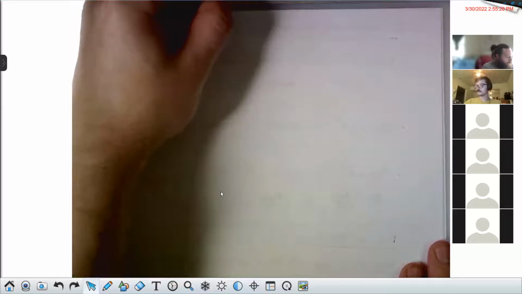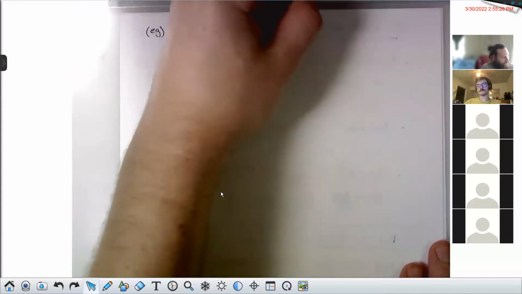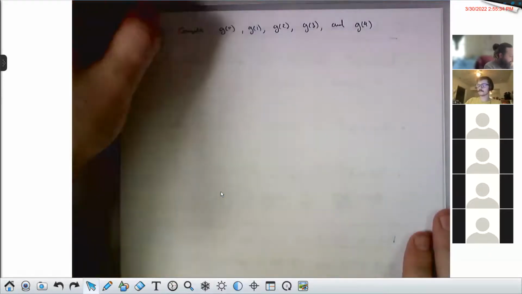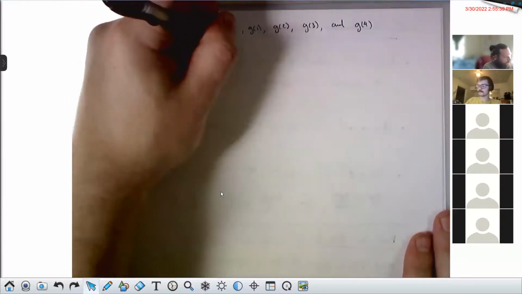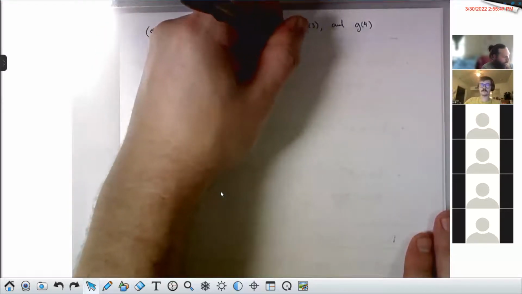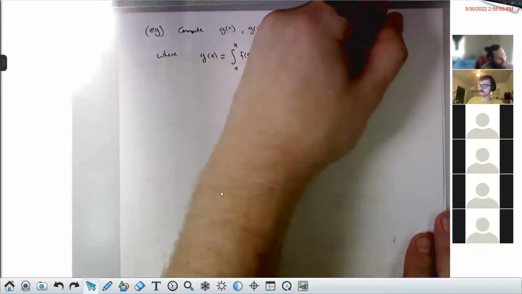More importantly, though, this function g, I'll say is the integral, I'll let a be 0, is the integral from 0 to x of f of t dt, where f is graphed below.